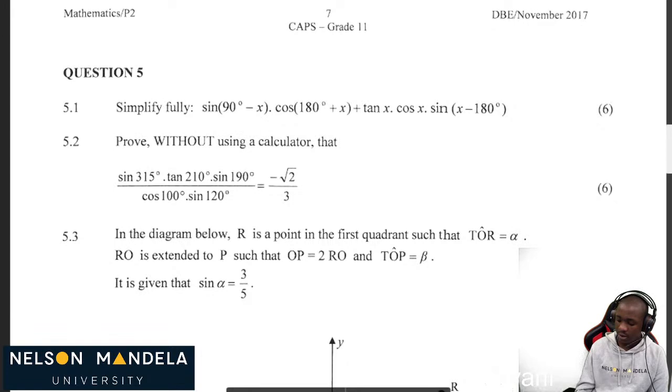I'm writing the equation on the tablet so that you can see. And it's 6 marks.